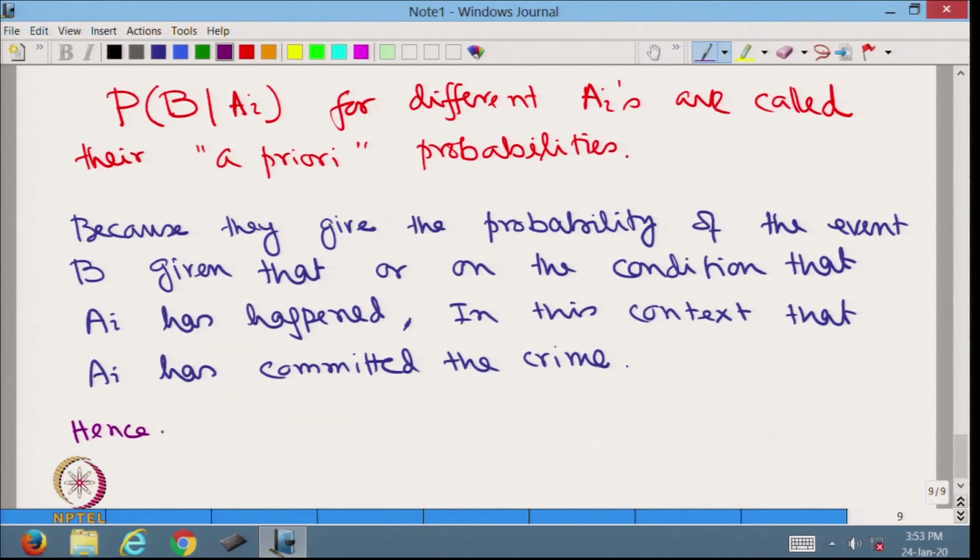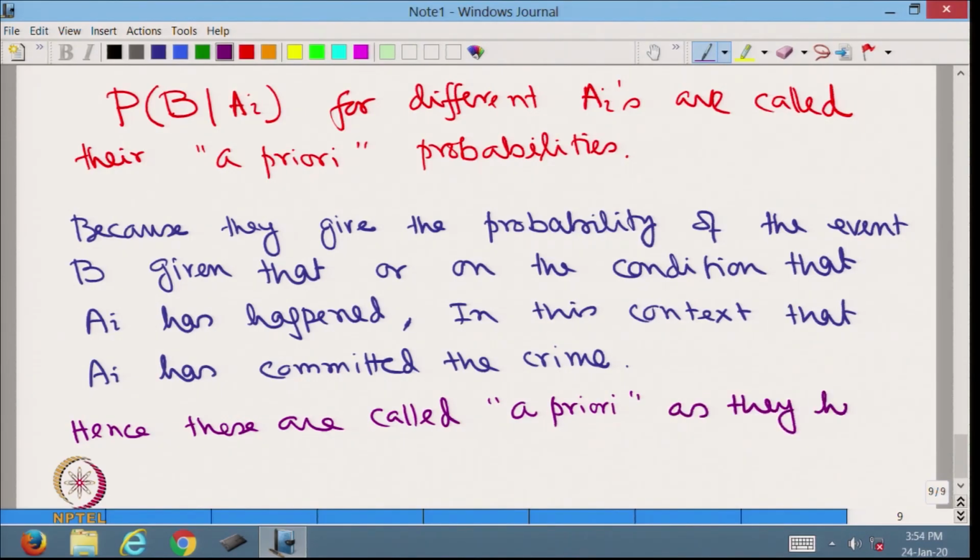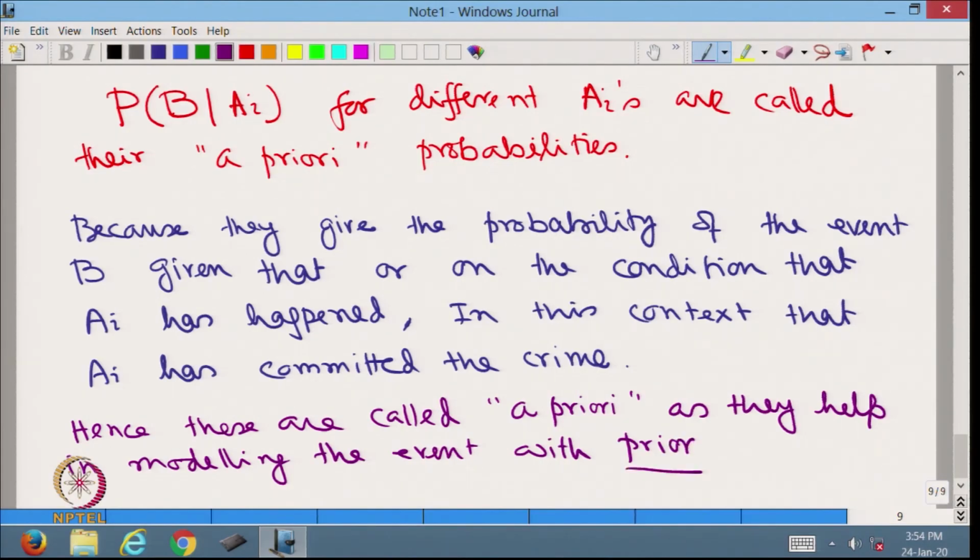Hence, these are called a priori as they help in modeling the event with prior knowledge, that is, knowledge that we have before the event that has happened.